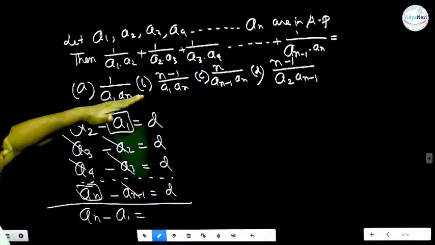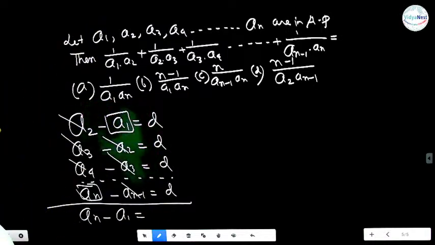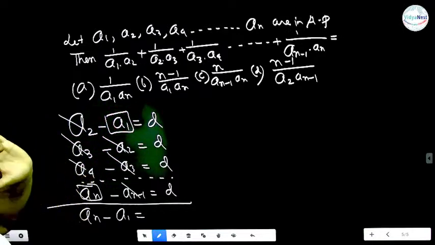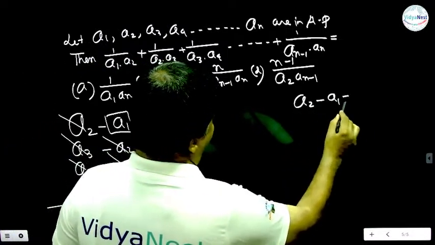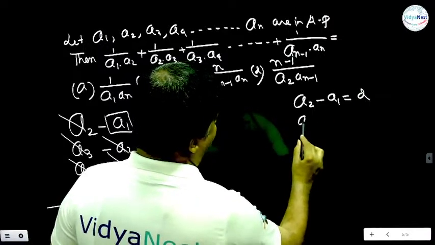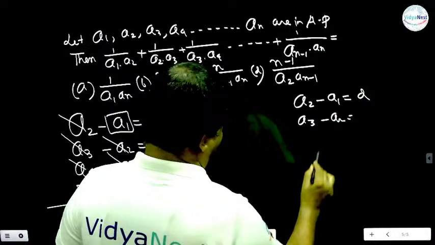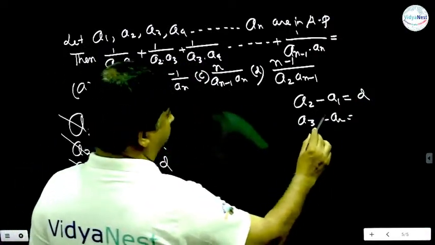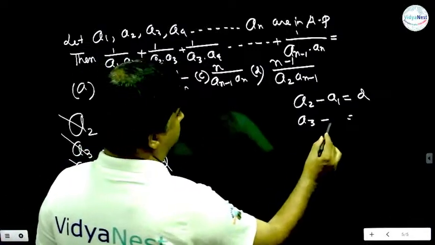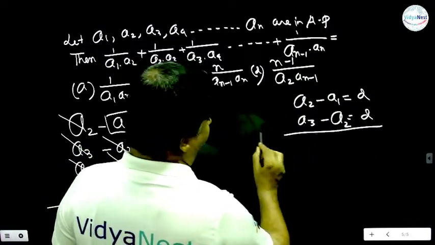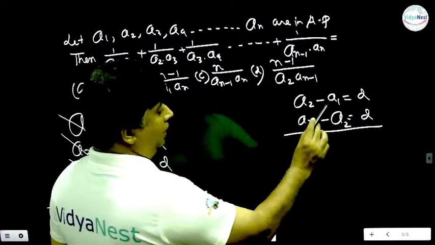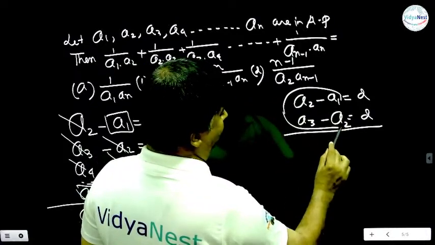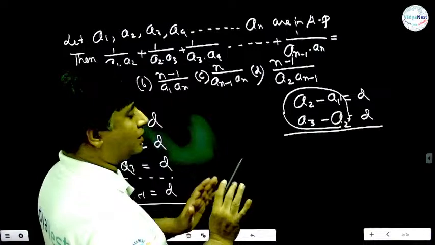Now the question is, d occurs how many times? Maximum students will say n times. But here a confusion arises. Suppose A2 minus A1 is d, A3 minus A2, that is also d. But when I add them, you see how many elements on the left hand side are involved. It seems 4, but not that.